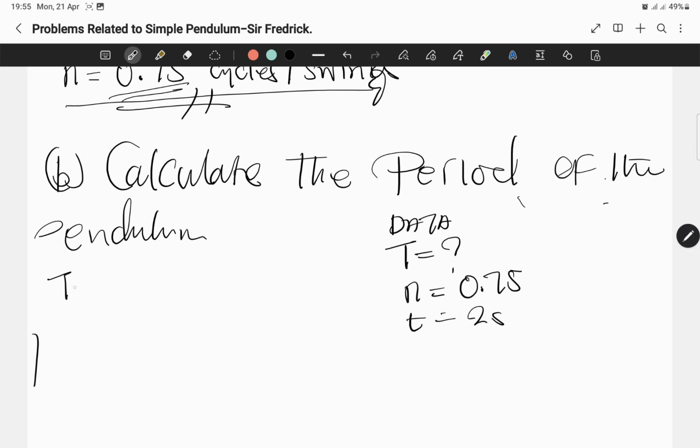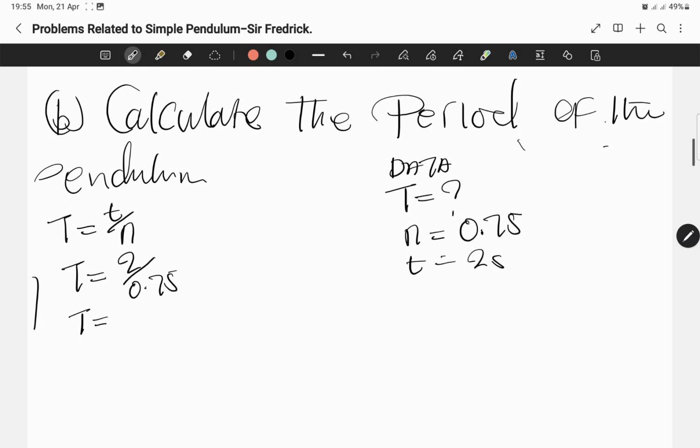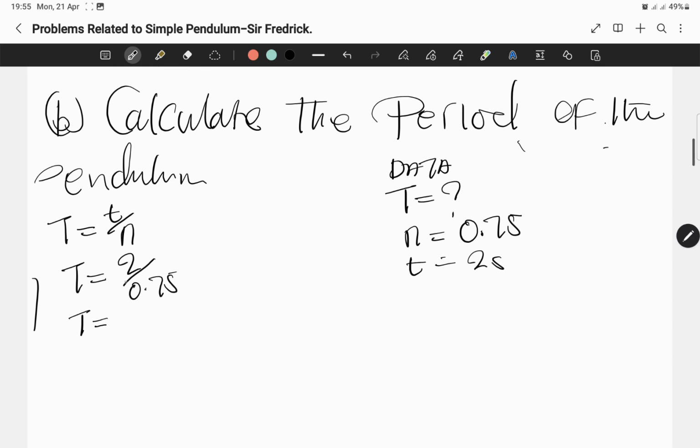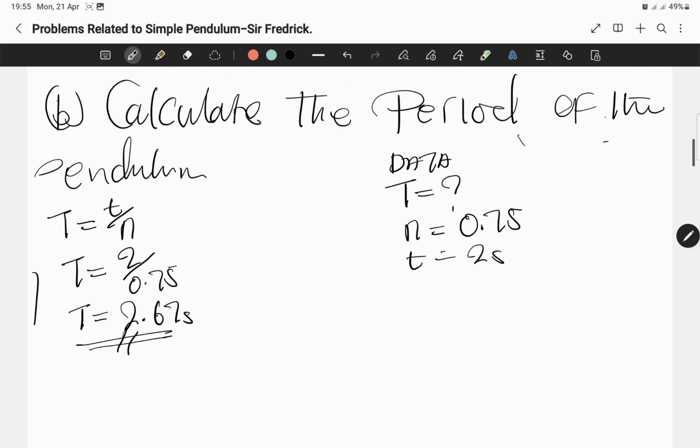The formula is that period is equal to time taken over number of oscillations. So the period of the pendulum is equal to 2 over 0.75. What does that give you? You can punch it on your calculator. It's supposed to give you 2.67 seconds. Don't forget to put the SI unit in it. They are very much important in physics.